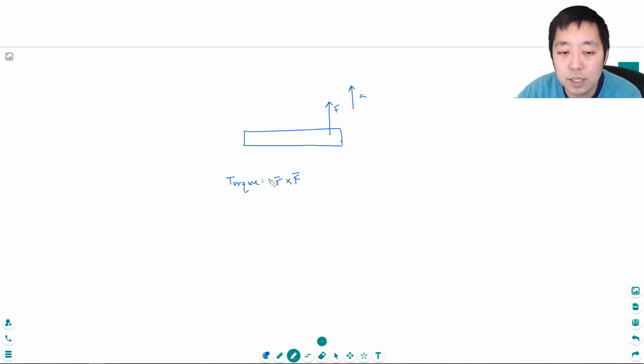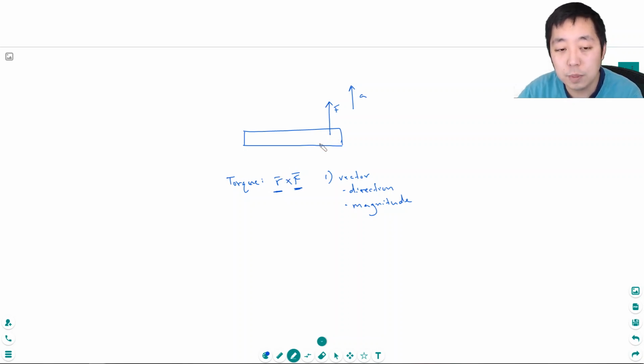But there are two things that are a consequence of this. One, torque is definitely a vector. So that means it has both direction and it has magnitude. Okay, just like a force. Two, it's related to two vectors: the force that's being applied and the r, which is the distance at which the force is being applied.